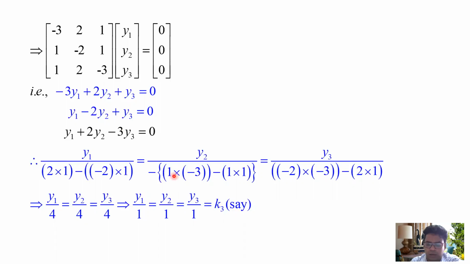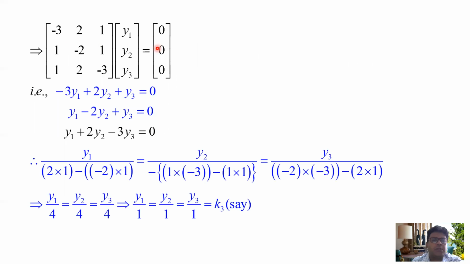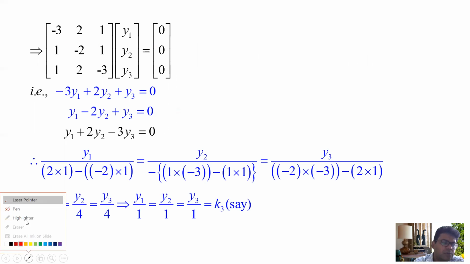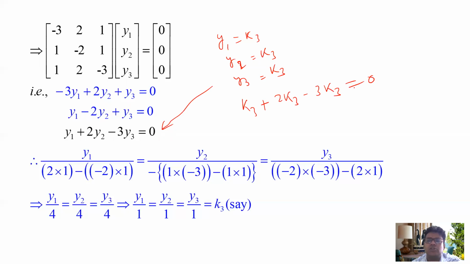If I substitute here, just to check, y1 is equal to k3, y2 is equal to k3, y3 is equal to k3. If I substitute all in this equation, what we have is k3 plus 2k3 minus 3k3, ultimately 0 after simplification.